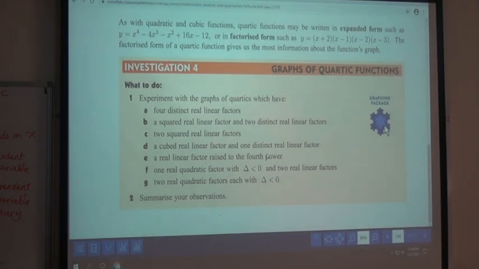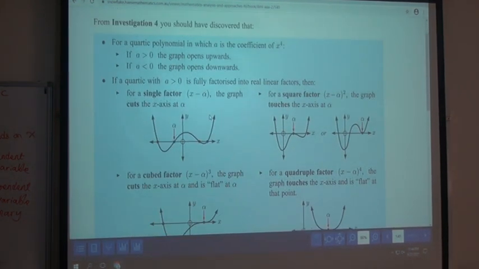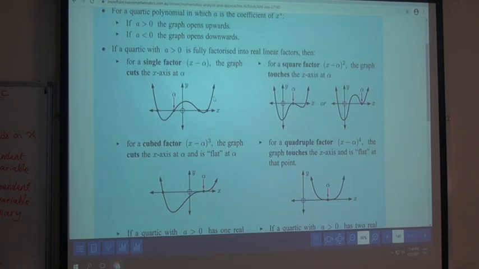Now, quickly, this is a summary of what we have. If you have single factors, if a is greater than 0, it's going to open up. Less than 0, it's going to open downwards. Now, if you have all single factors, everything will cross in 4 places.